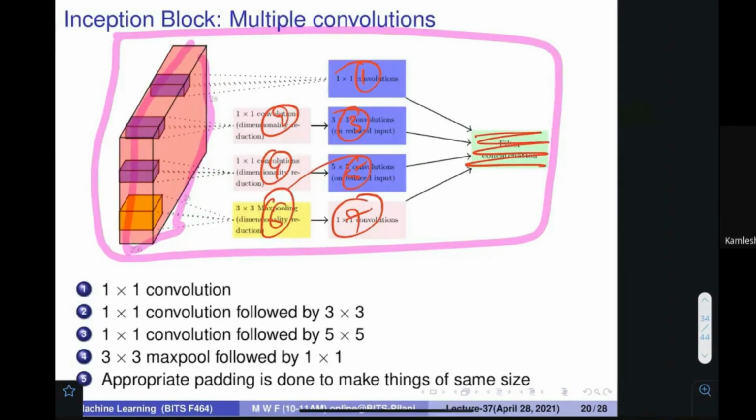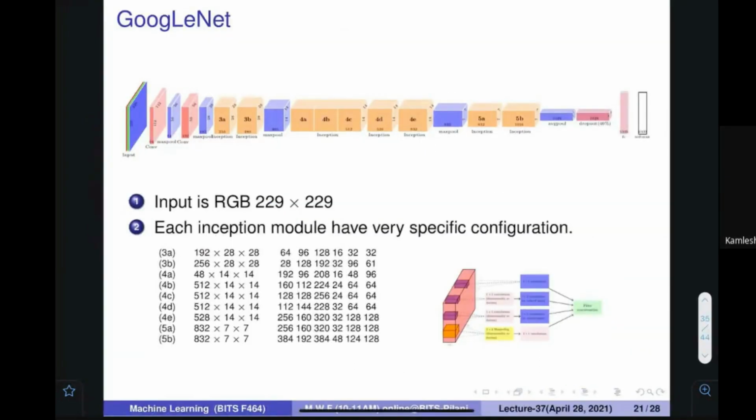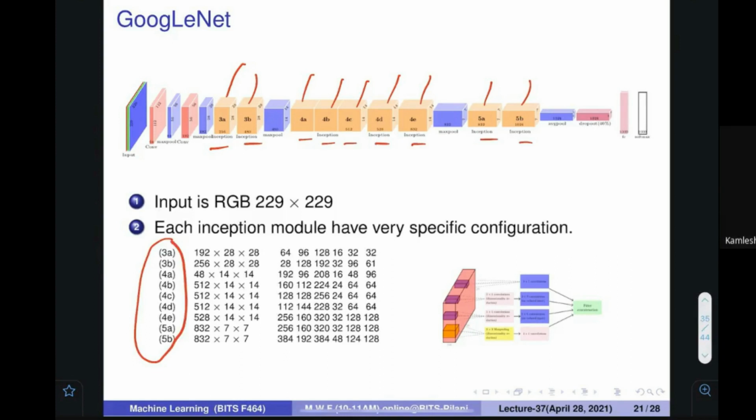Inception block. So GoogLeNet uses inception blocks at these places: 1, 2, 3, 4, 5, 6, 7, 8, 9 places, and gives them names 3A, 3B, 4A, 4B, 4C, 4D, 4E, 5A, 5B, and they are explained in this particular way, where this is the input size at that particular time.